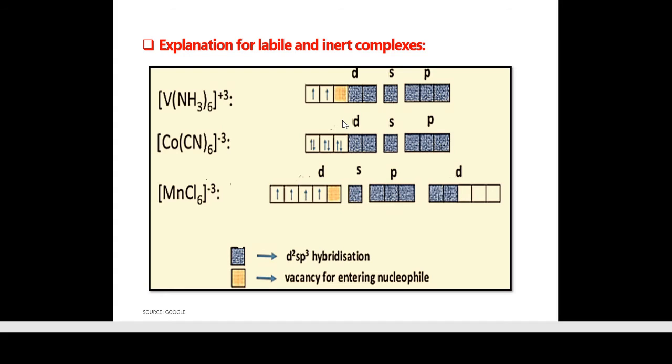Means if your system contains 0, 1 or 2 electrons in the T2g orbital, your complex must be a labile complex. Okay, but if your T2g orbital is filled, at that time your complex is an inert complex. So in the next slide we will see examples.